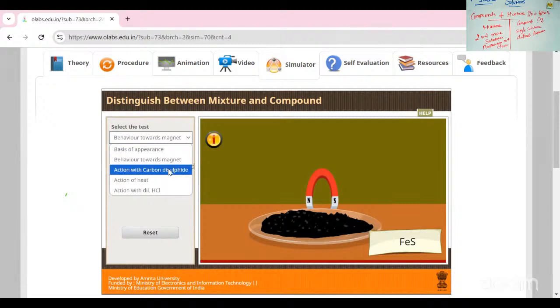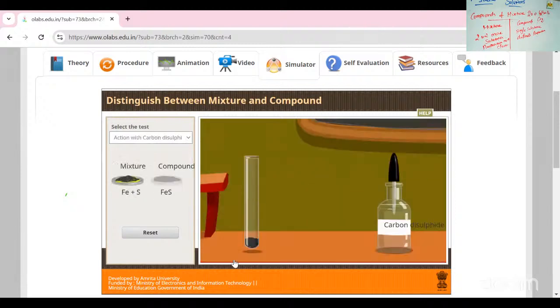Next property, action with carbon disulfide. First one is the FeS mixture. I am going to take some carbon disulfide into the test tube. Look at the test tube. Is there any change here?